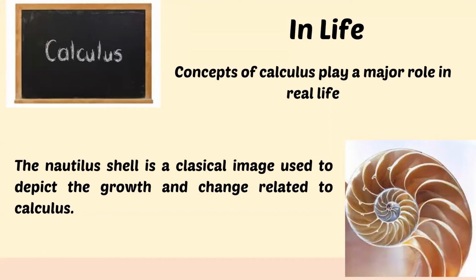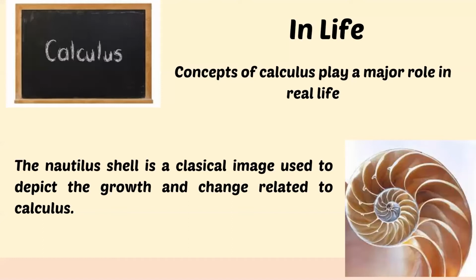Calculus helps us find the area of an irregular shape. There is a diagram posted here. It's just a shell. This Nautilus shell, we can call a classical example where we can see the changes.